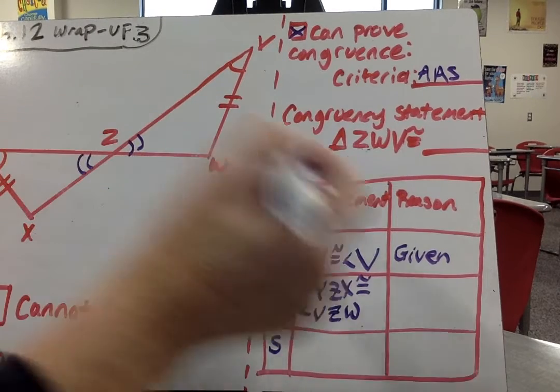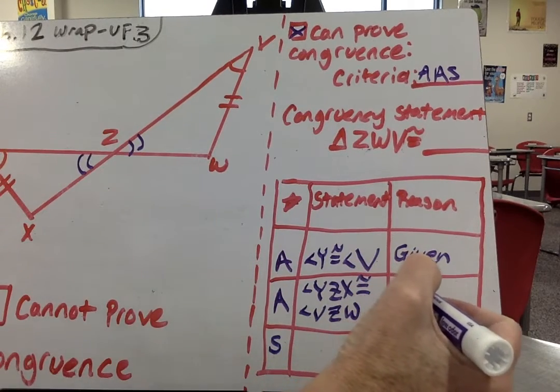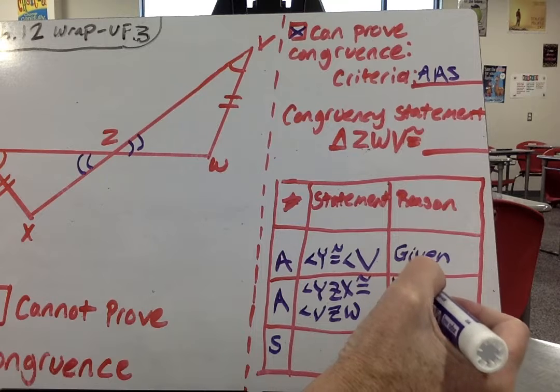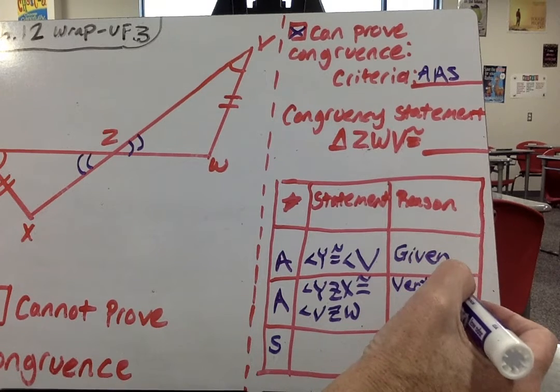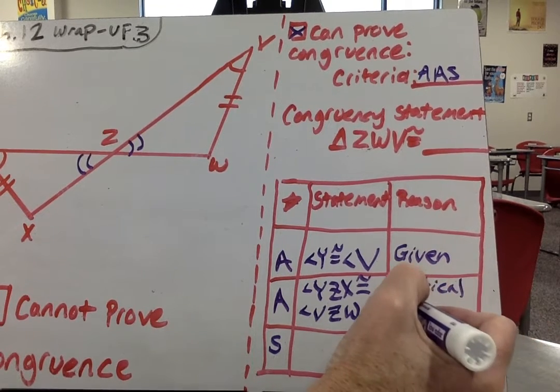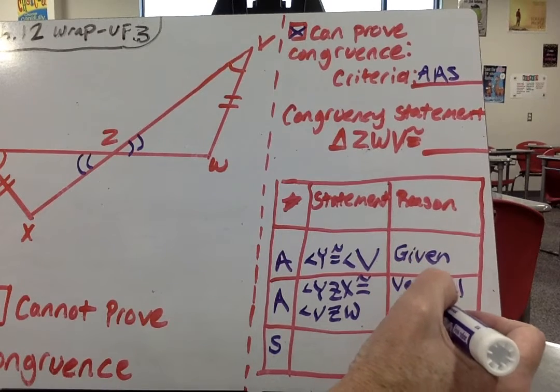Okay, so that's these two. Why? Because vertical angles are congruent. And I'm just going to put vertical angles.